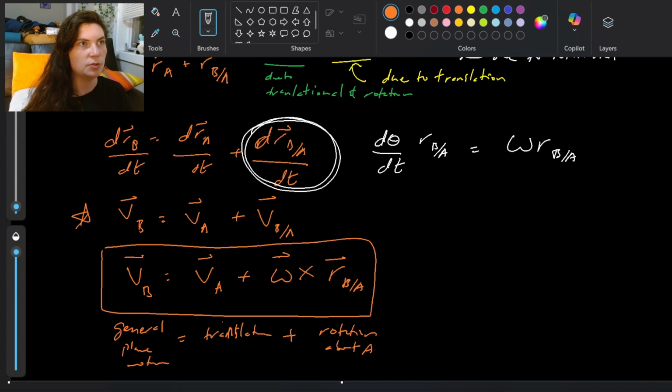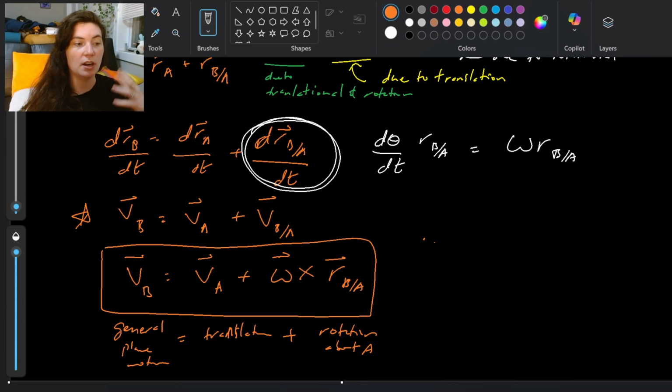What we have here is our absolute velocity of B. So this is whatever velocity B is moving with in vector form, the absolute velocity with respect to the absolute frame of reference, like from the fixed frame of reference, what is the velocity of B?